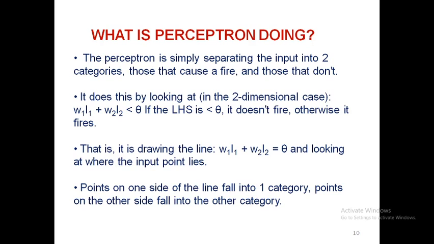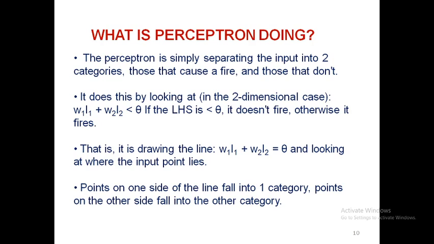If W1 I1 plus W2 I2 is less than theta, it doesn't fire. If it is greater than or equal to theta, it fires, right? It means it is separating into two classes or two categories. That is, it is drawing the line with the equation W1 I1 plus W2 I2 equal to theta and looking at where the input point lies.